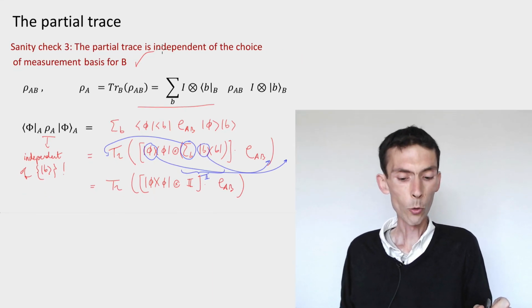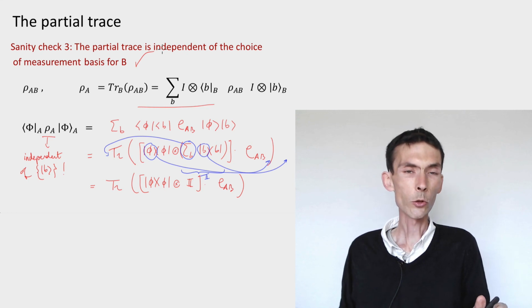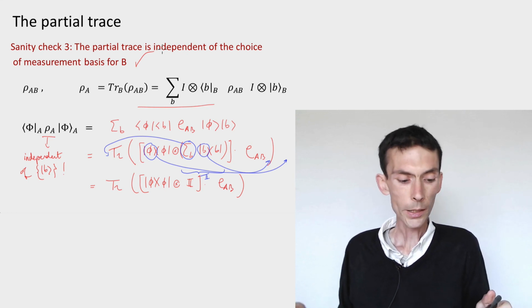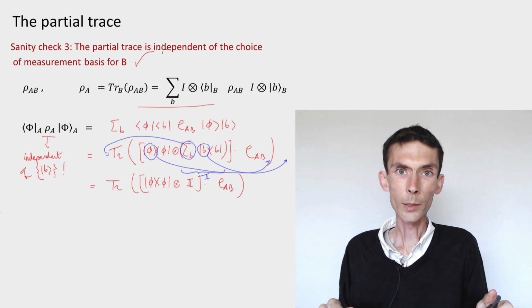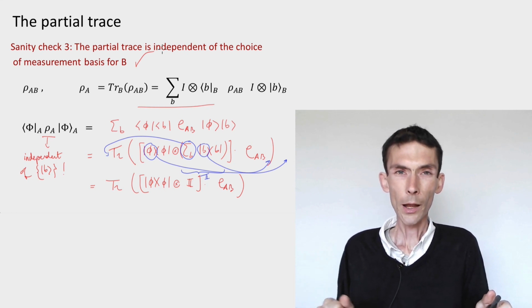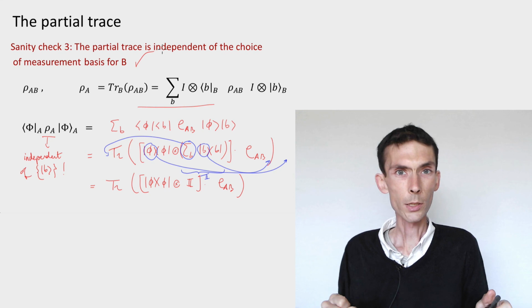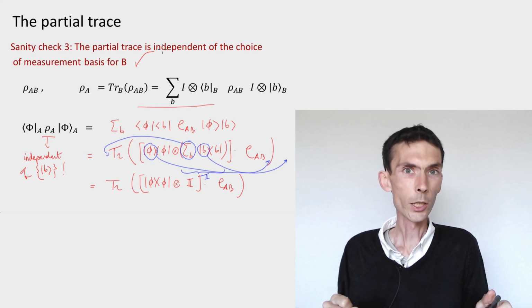One last thing that I want to point out though is that this freedom in the choice of basis B is something that's going to be very useful in calculations. In general, you'll be given a state Rho AB in a certain form, might be a mixed state or might be a pure state, and that form is often going to give you an idea of what basis you should choose to make the measurement on system B that's going to make the calculations easier.